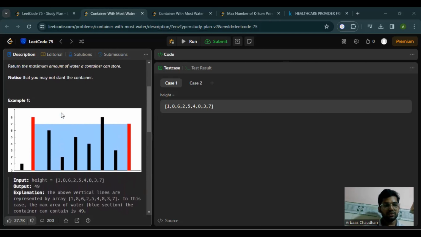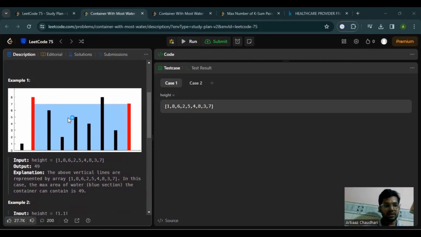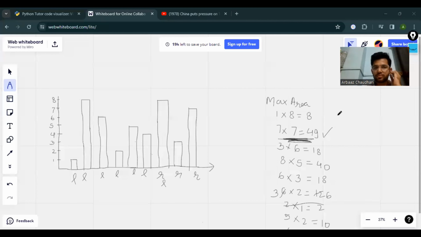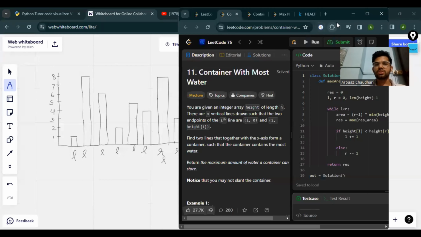So we need to find the solution of this. Let's understand how we can write the code and how the algorithm works for this problem, Container With Most Water.